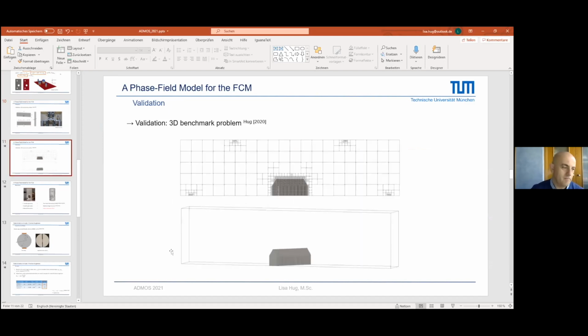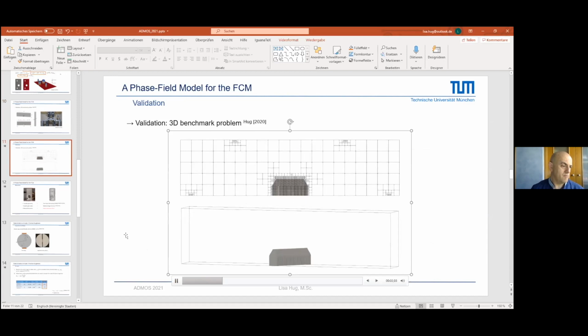And we have also managed to reproduce both the crack pattern, so we see here how the crack evolves, as well as the load displacement curves. There's a publication on that where we propose this as a benchmark problem, which you can look up.